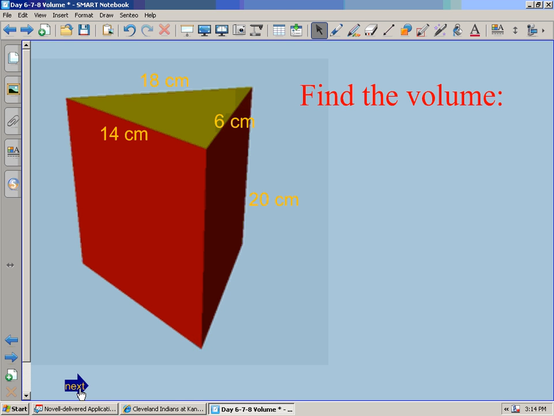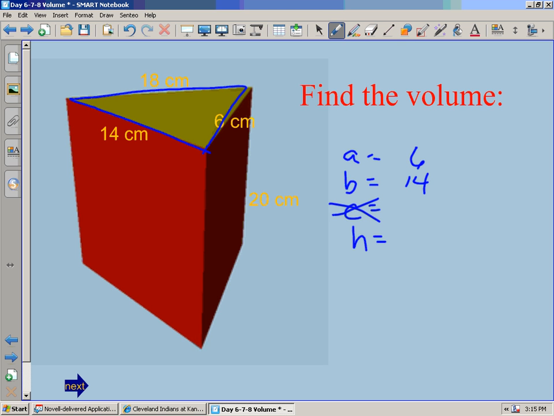Now, let's try one of these. You want to take out a calculator, paper and pencil. Again, one of the keys here is you have to make sure that you have the right A, B, C, and H. Even though in this formula we're not using C at all, we still want to be able to identify it. Those three things come from the same triangle that we talked about when we did our surface area. So there's our A, B, and C, and they need to be in least to greatest order. So A, B, and C is 6, 14, and we're not using C for this, but it would be 18.